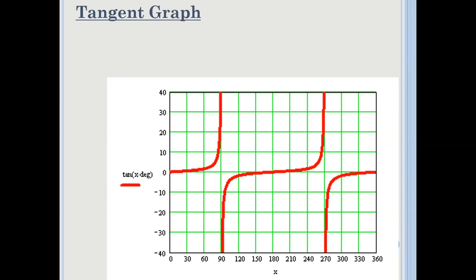This is the tan graph, which looks a lot different from the sine and the cosine graph. For the tan graph, it has roots at 0 and it has roots at 180 degrees. The domain for the tan graph is slightly different from the sine and the cosine graph.